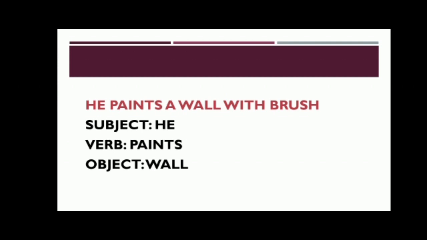A phrase does not contain a subject, a verb, or a complete idea, so that means the later part of the sentence is the phrase, and the former part of the sentence is the clause. Because the starting part, he paints a wall, has all the important things: it has a subject, a verb, and an object. So he paints a wall is a complete thought, a complete idea. That makes it a clause.